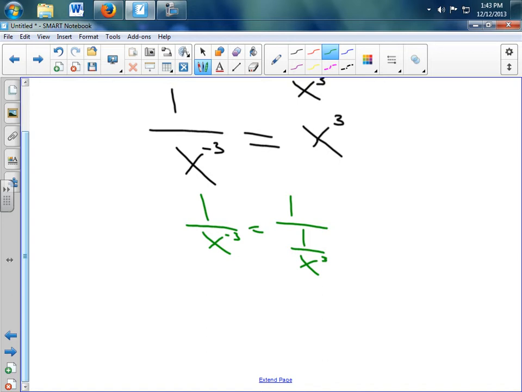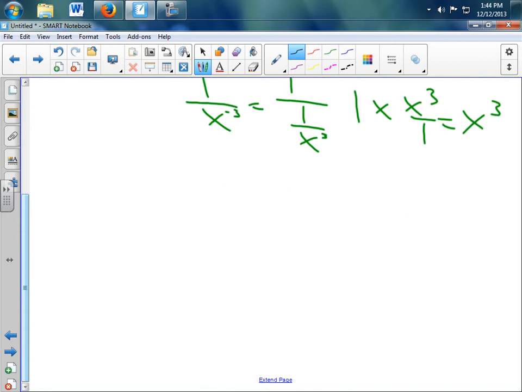And 1 divided by 1 over x to the third is the same thing as 1 times the reciprocal. You might see that on a test or a quiz. It's kind of cool how that works, right? So Harry, you were half correct.